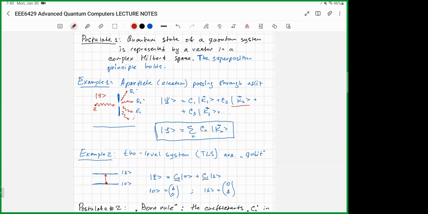For example, an electron doesn't have a trajectory, it doesn't have momentum and coordinate defined at the same time, and the electron behaves as a wave in some particular experiments.